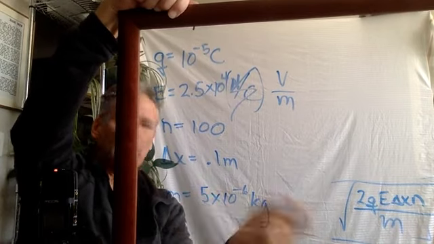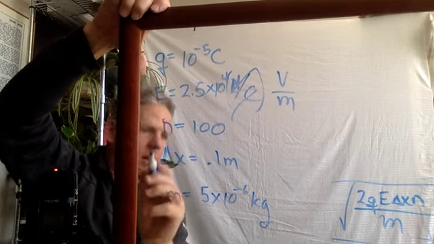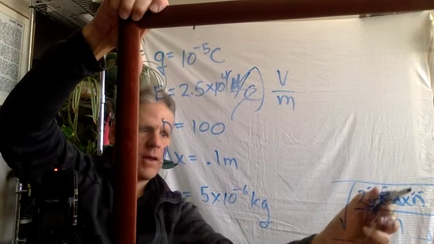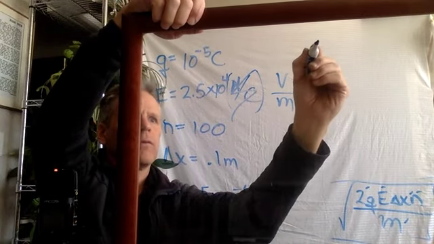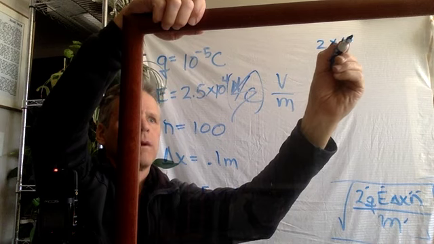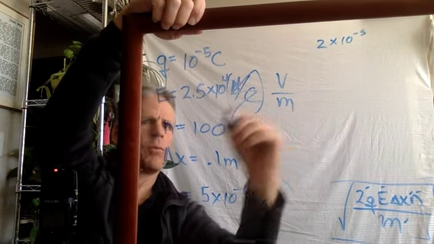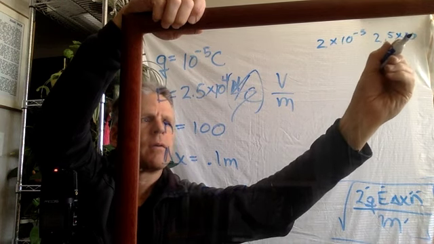Okay. So now let's see, do we have everything? Q, E, N, delta X, M. Yep, so we do. So 2Q is just 2 times 10 to the minus 5. E is 2.5 times 10 to the 4th.